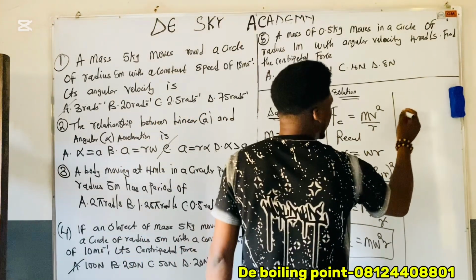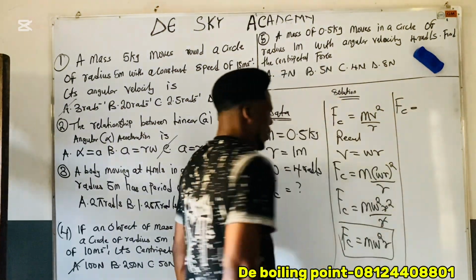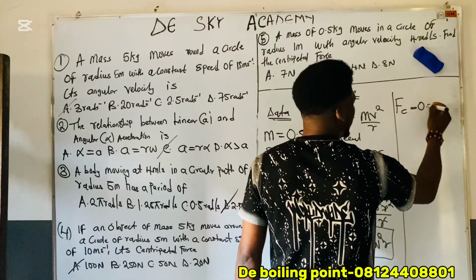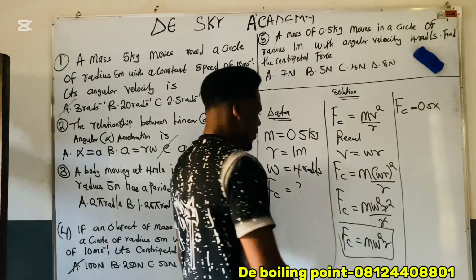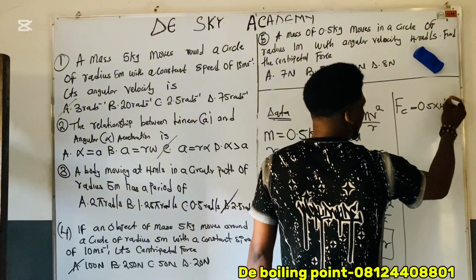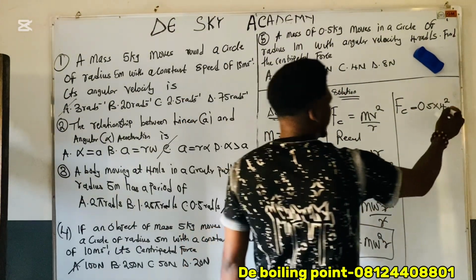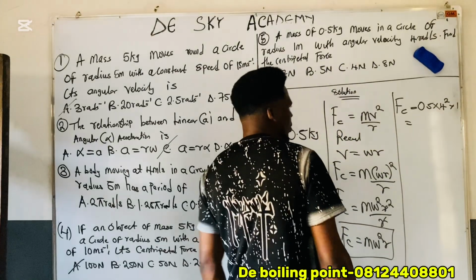So I will now have the centripetal force, which is Fc, will now be, what is the mass here? 0.5. I have the mass at 0.5 times, what is omega? Omega is 4, but omega is squared, which is 4 squared, times 1. 0.5 is 1/2.